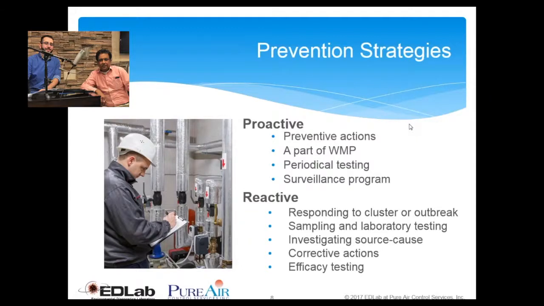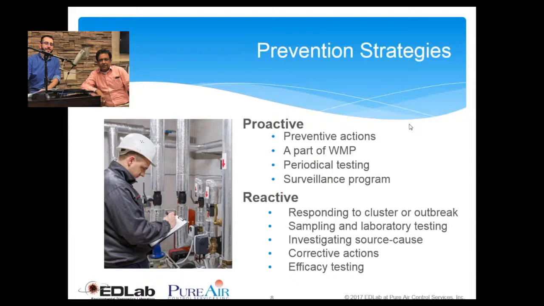Under the proactive measures, there are certain steps such as preventive action, a part of water management plan, periodical testing, and surveillance program, which I will be describing a little bit more in detail in coming slides. Then the reactive one is responding to a cluster or outbreak of Legionella. That's very important.